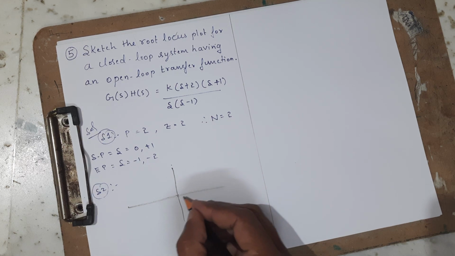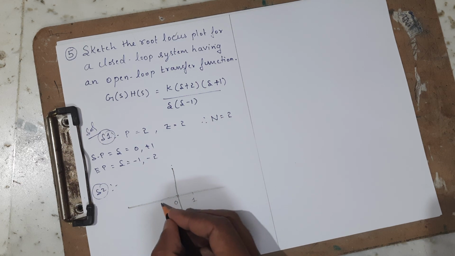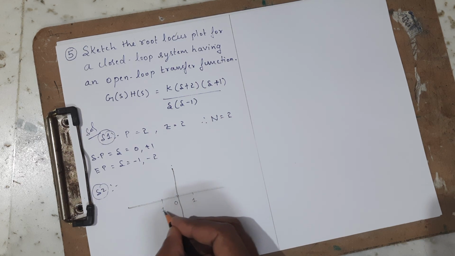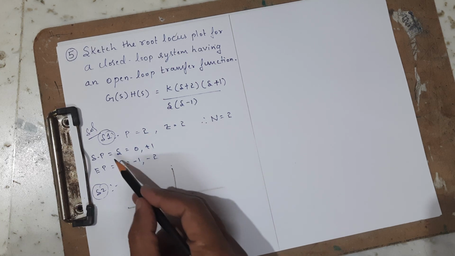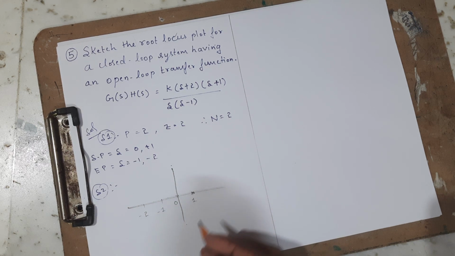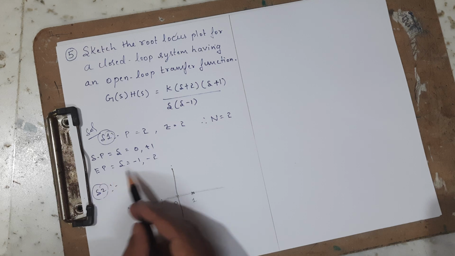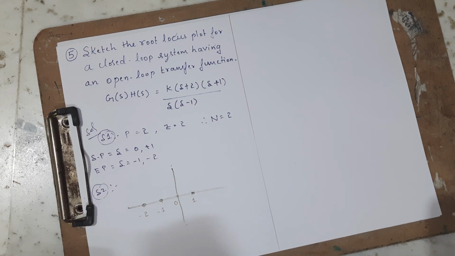So this is 0, plus 1, minus 1 and minus 2. We have poles, which are the poles? 0 and plus 1. These are poles. Zeros, what are the roots of zeros? Minus 1 and minus 2.